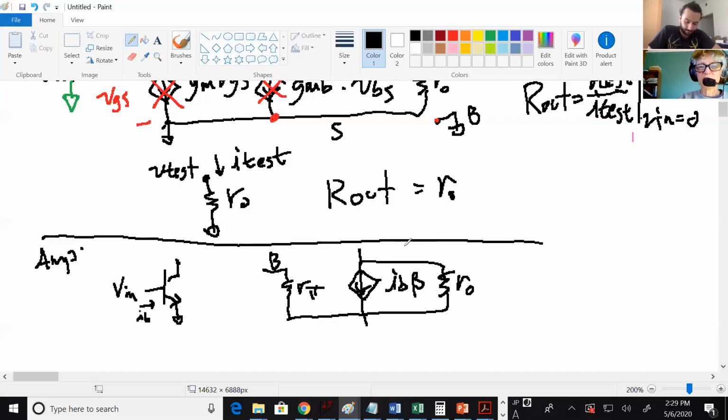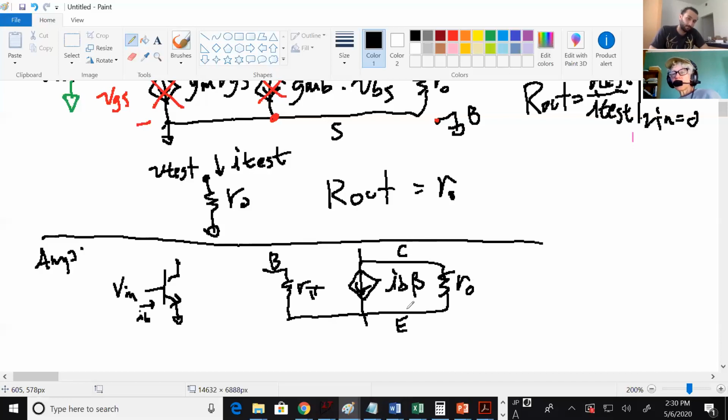This corresponds to the base, that corresponds to the collector, that corresponds to the emitter. So that's the alternate model, and it's just fine to use that model to do small signal analysis too. But just because we're also doing MOSFETs, I'm using the gm version of the small signal model.